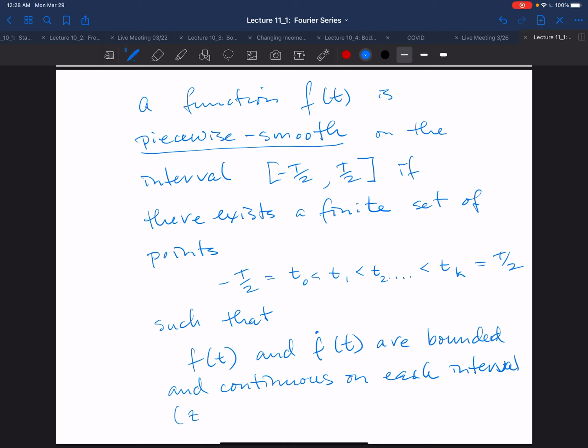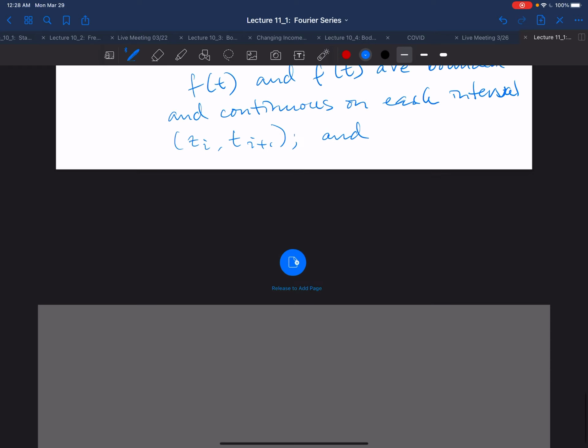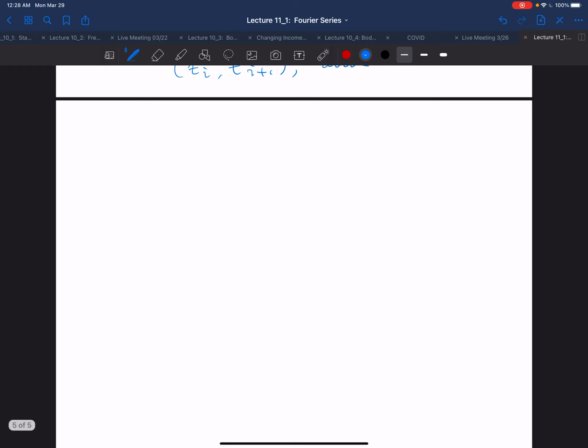So on each open interval from ti to ti plus 1, and in addition, the left and right-sided limits of both f and f dot exist.